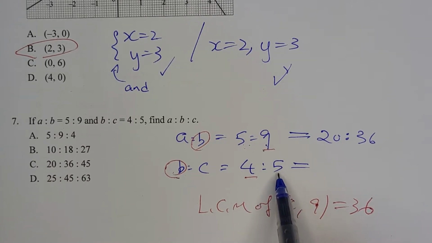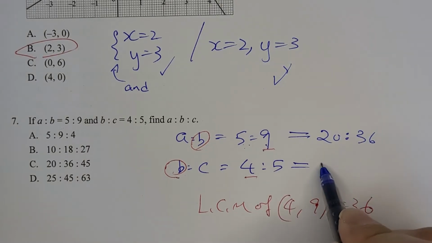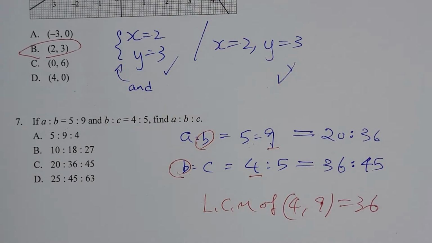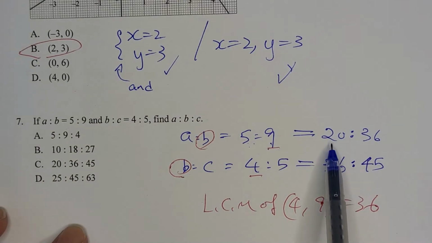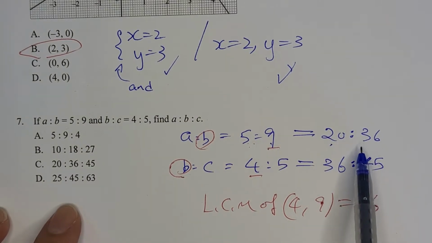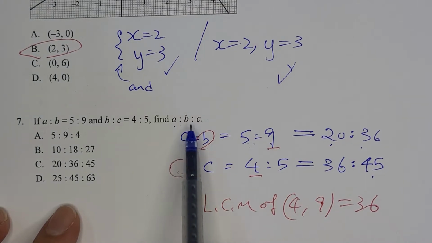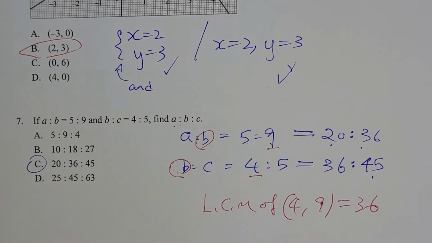Therefore, this 5, you also need to multiply by 9. So that is 36 to 45. And hence the answer is 20 to 36 to 45. That's the ratio of A to B to C. Therefore, the answer is C.